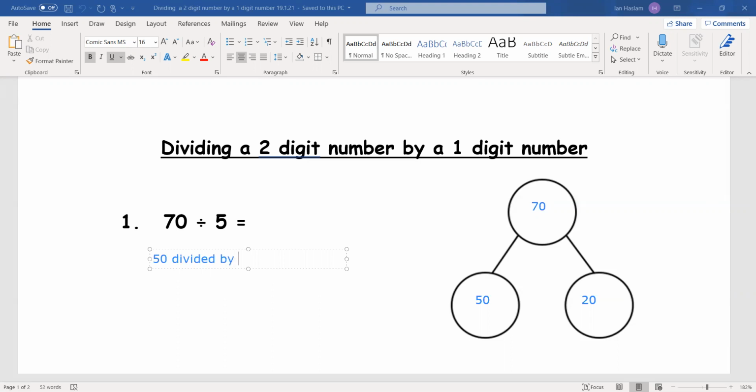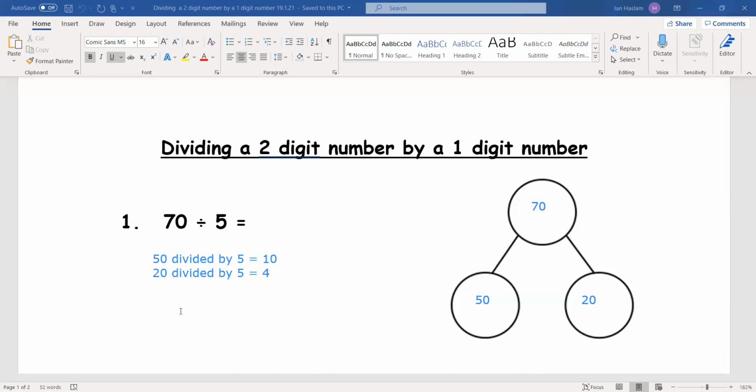So I'm going to say 50 divided by 5 equals, counting in 5s to 50, 5, 10, 15, 20, 25, 30, 35, 40, 45, 50. That takes 10. Next one, looking at the ones number, 20 divided by 5 equals, counting in 5s to 20, 5, 10, 15, 20, 4.